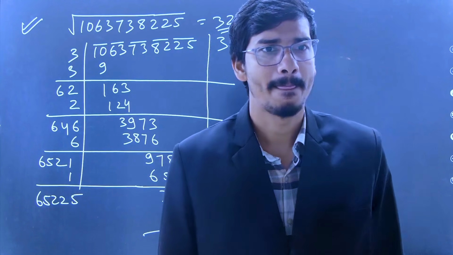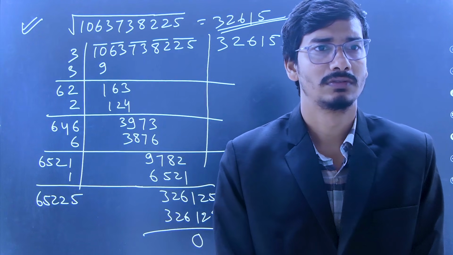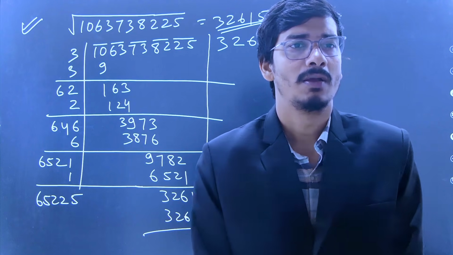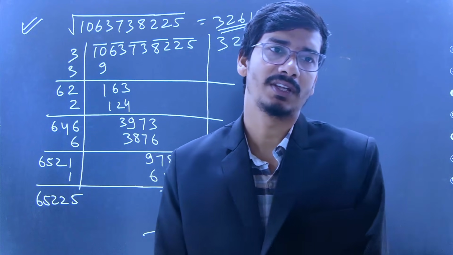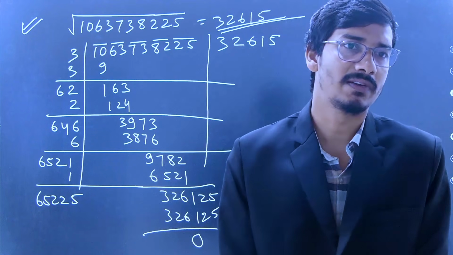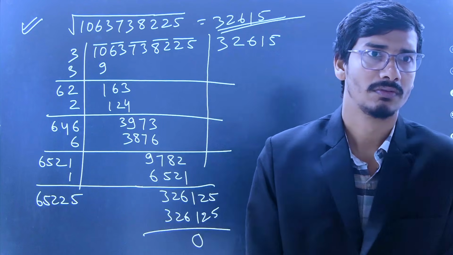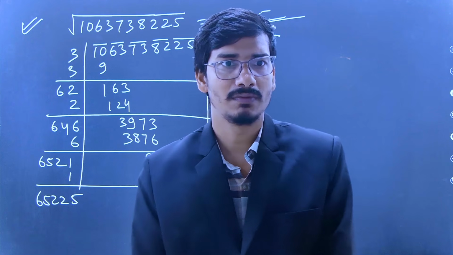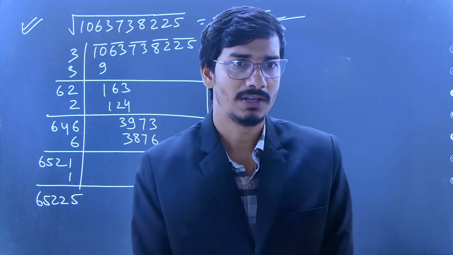Okay. Beta, if the number is not a perfect square, the value of that number will come in decimal. Don't worry, I will explain one or two problems of that type also. In that case, the value will come in the decimal part.